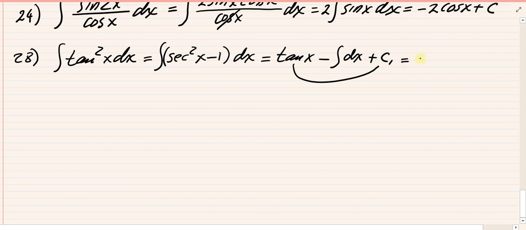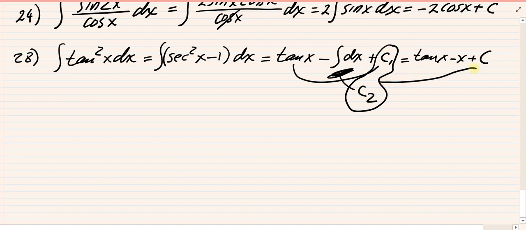We found those antiderivatives. So it's going to be tan x minus x plus a constant. The constant that comes out of that integration process would be c2, but then you combine c1 and c2 into a c.